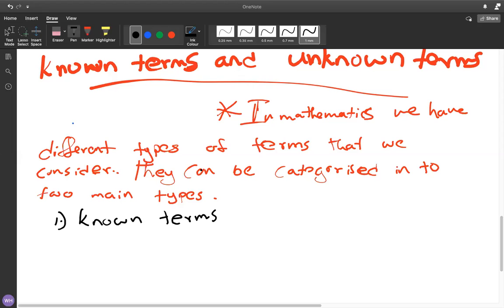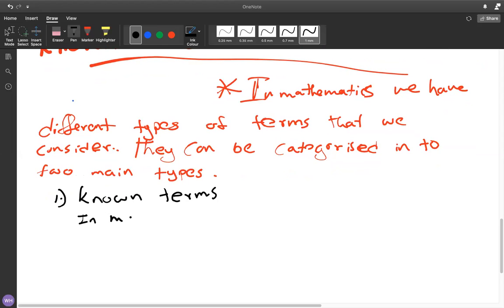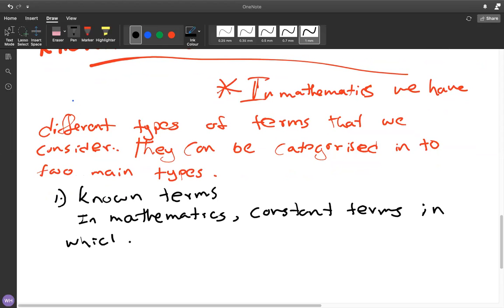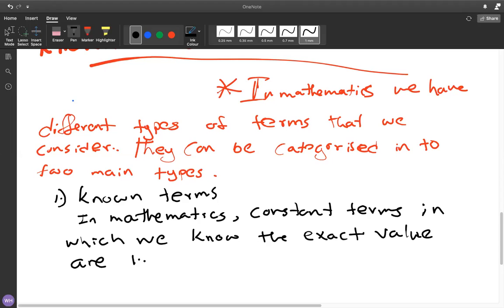In mathematics, constant terms in which we know the exact value are the known terms.